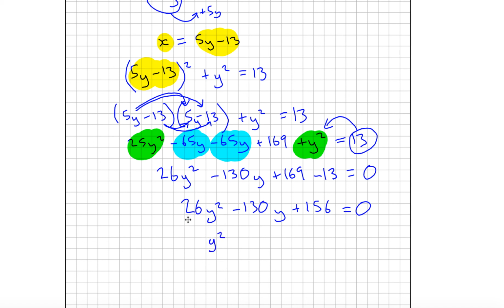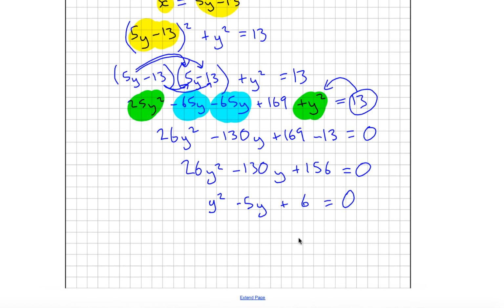By the way, from here you could use your quadratic formula, the minus b formula, and you'd be able to solve that from there. Get your two answers for y and sub them in to get your answers for x. But I'm going to try and simplify this because I think it can be factorized. So 130 divided by 26 is actually 5. Minus 5y. And 156 divided by 26 is 6.